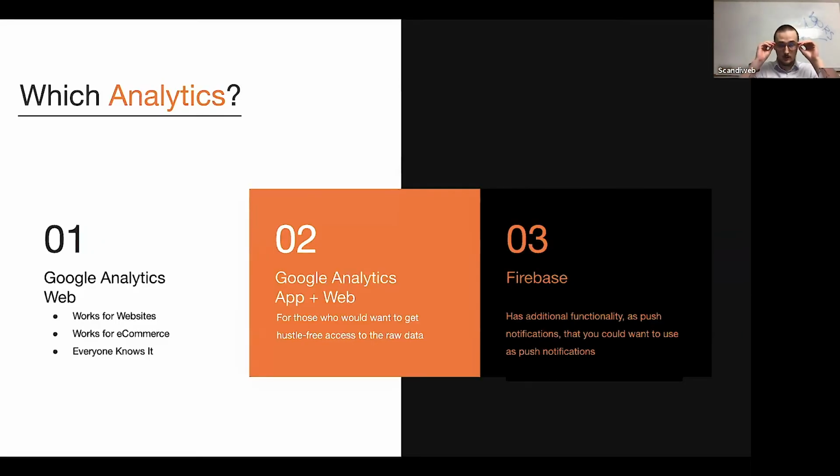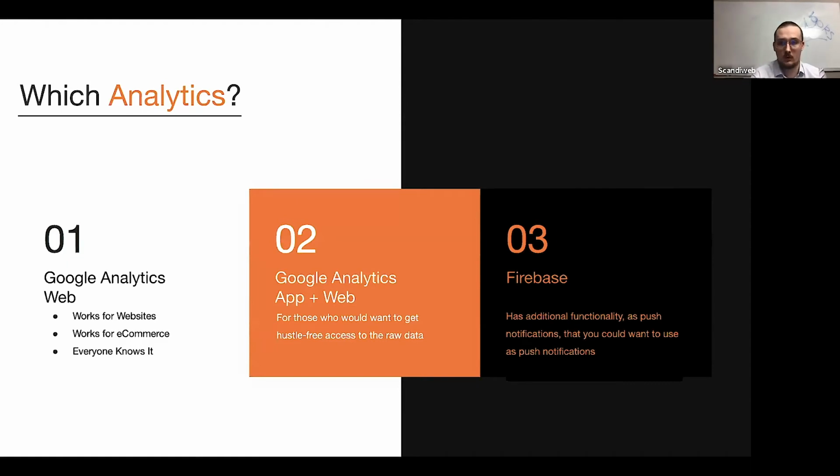So first of all, we were thinking which analytics to use, right? Because lately there is a whole variety of those. Three main options: Google Analytics Web, Google Analytics App and Web, which is in beta currently, and Firebase Analytics, which is primarily designed for apps.